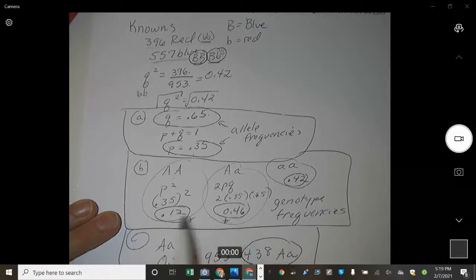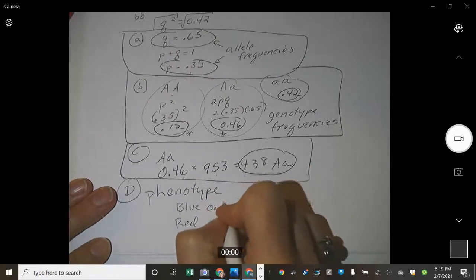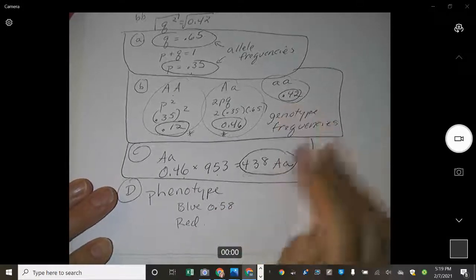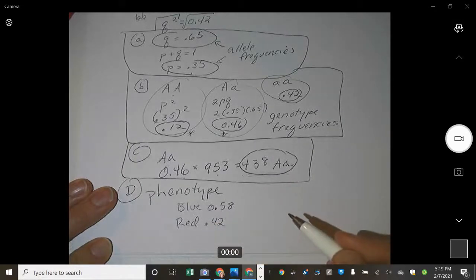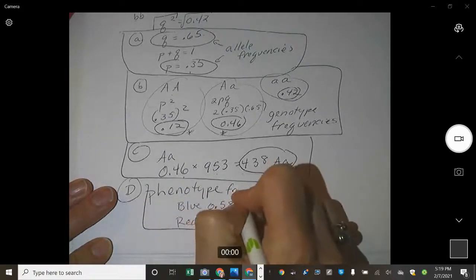So I'm going to add 0.46 and 0.12. So that is 0.58, right? And then my red ones are these, so that's 0.42. And if you add these together, hopefully that equals 100. Yep, looks good. So those are my phenotype frequencies.